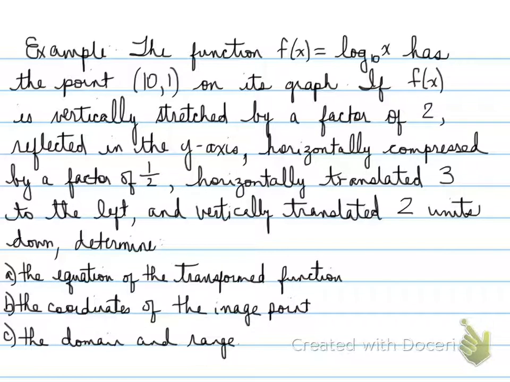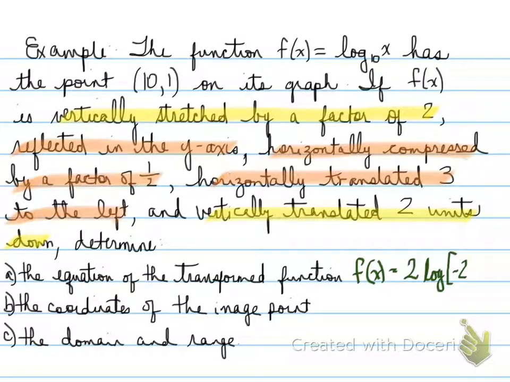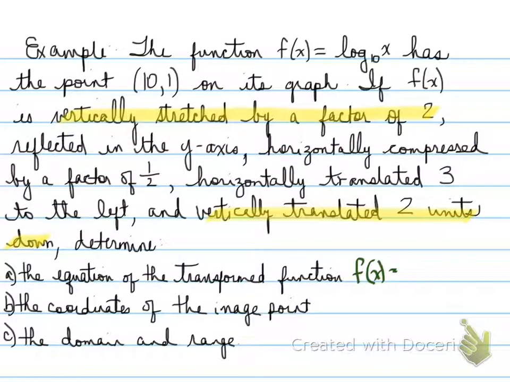Let's find the equation of the transformed function. To do that, we set it up. f(x), how do we know it's f(x)? Because you're given that. You're also told it's log base 10. So we know that all of these transformations have happened. Let's look at these slowly, one by one. All of the ones in yellow right now involve something vertical. So vertically stretched by a factor of 2, vertically translated 2 down.